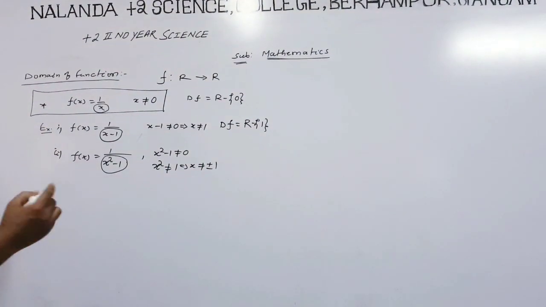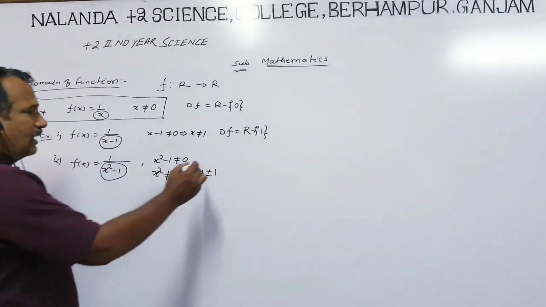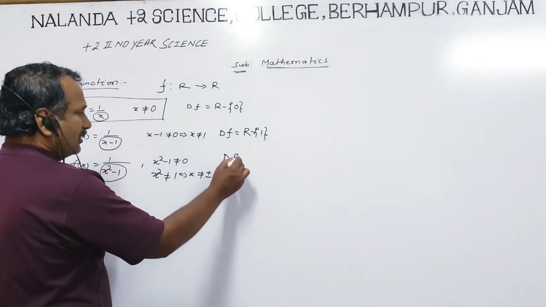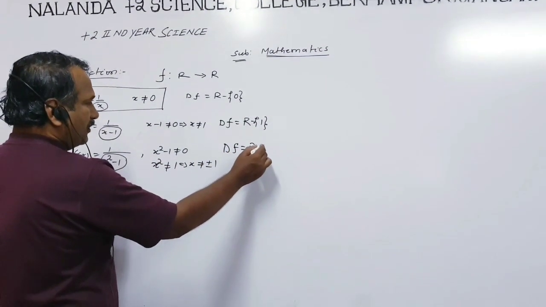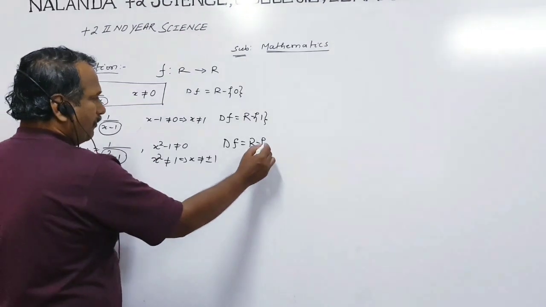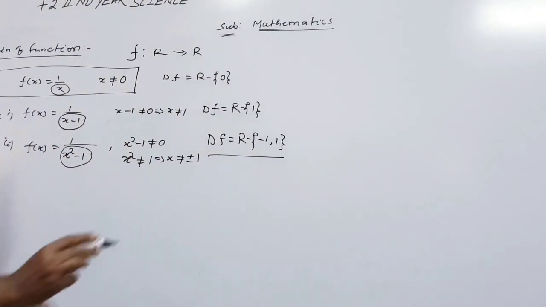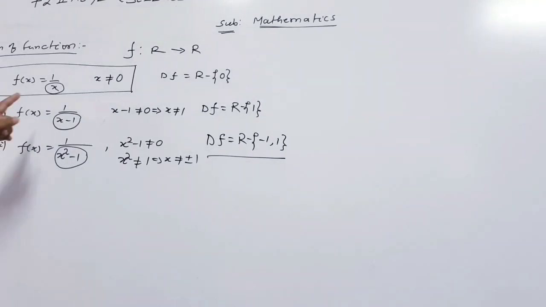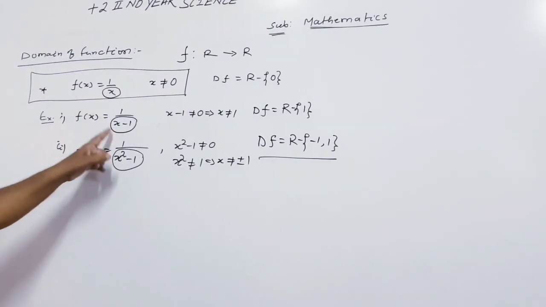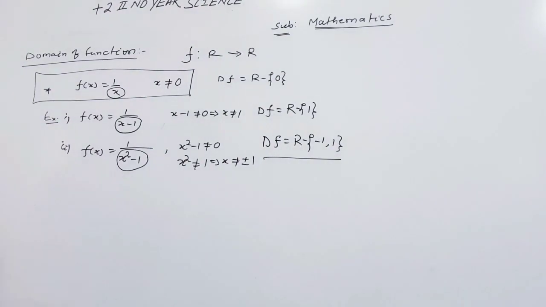There are two values, either x equals 1 or minus 1. So the domain of the function is the real numbers but not these two numbers, minus 1 and plus 1. The point is that the denominator is not equal to 0. This is case one.